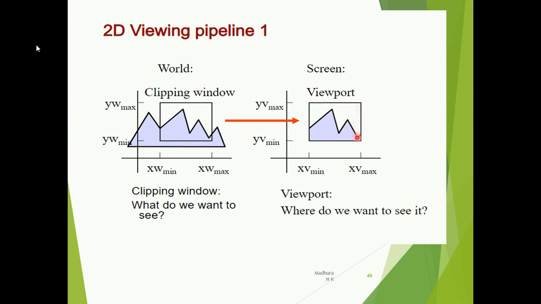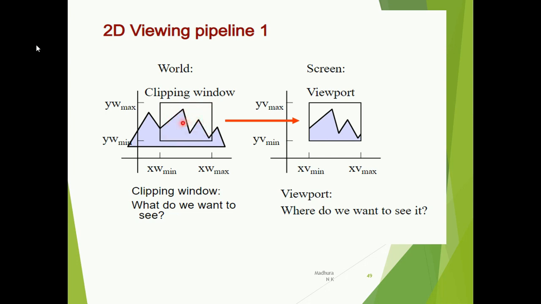Now imagine, if the clipping window is very large, you can have a smaller window when it is actually displayed on the screen, because your viewport can be a bit different from the exact clipping window.